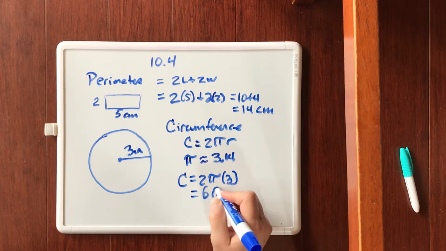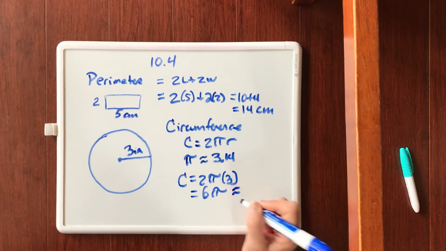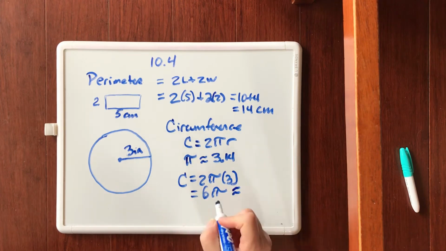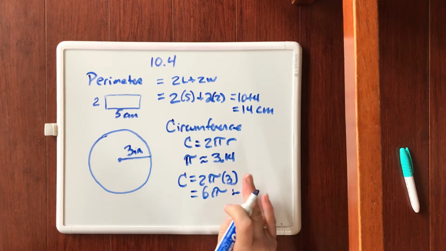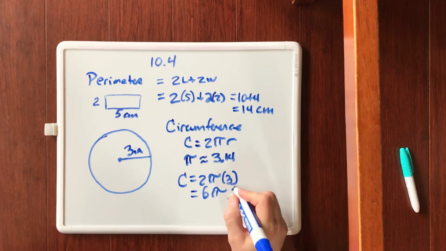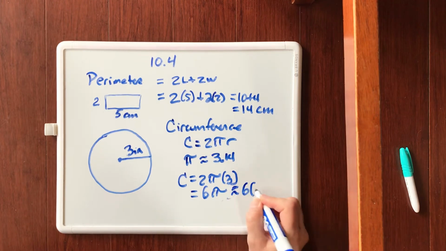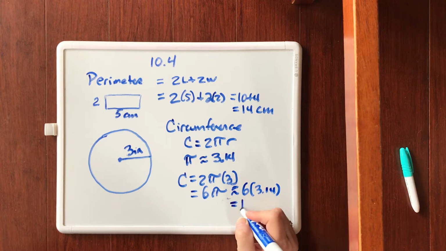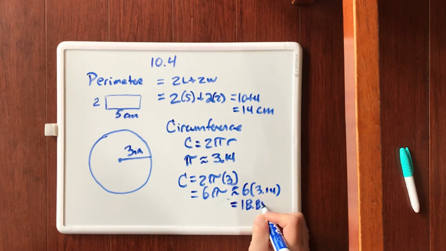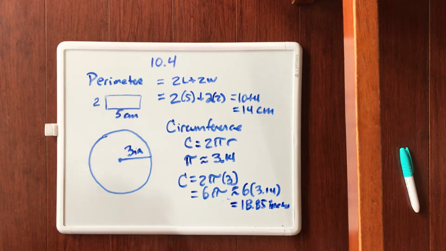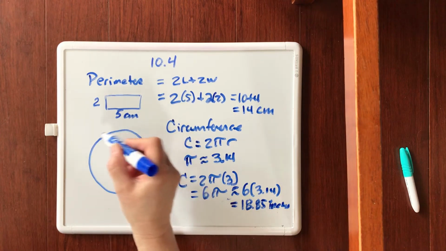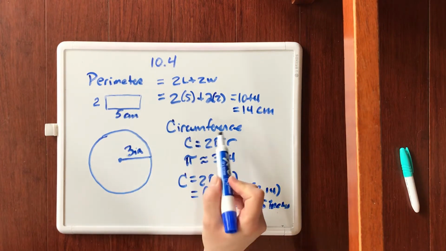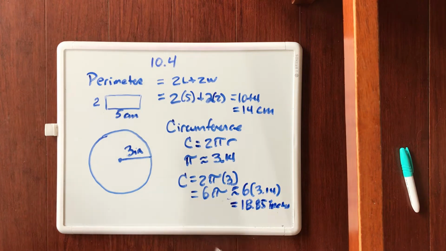That equals 6 pi, and that is approximately 6 times 3.14, and that equals 18.85 inches. Okay, so again, when we say perimeter, we're talking about a circle, we use the word circumference, circumference of a circle.